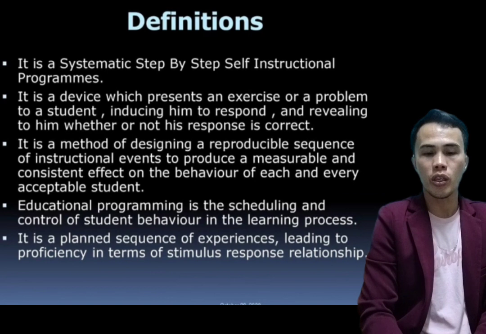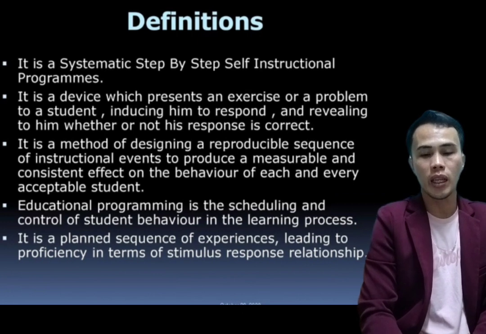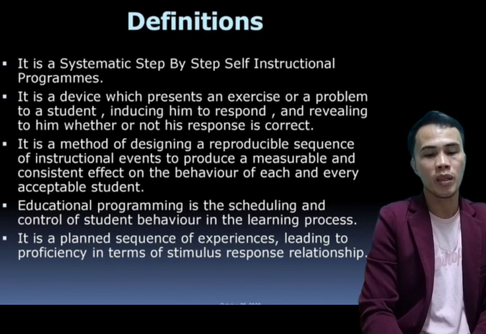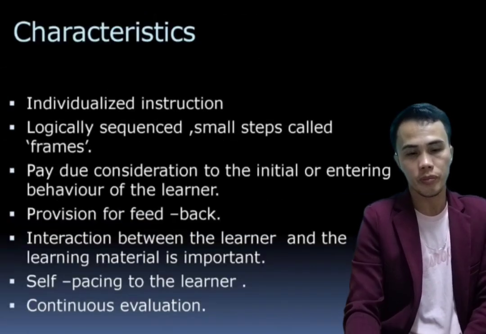Another one, it is a method of designing a reproducible sequence of instructional events to produce a measurable and consistent effect on the behavior of each and every acceptable student. We have another one, educational programming is the scheduling and control of student behavior in the learning process. And the last one, it is a planned sequence of experience leading to proficiency in terms of stimulus-response relationships.